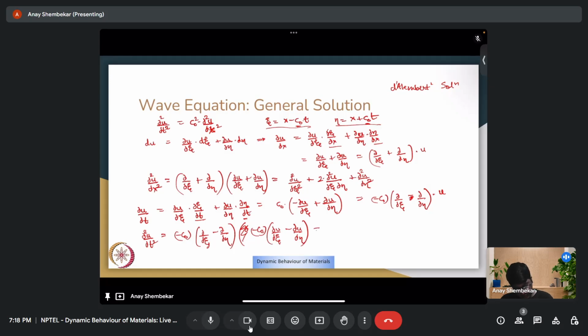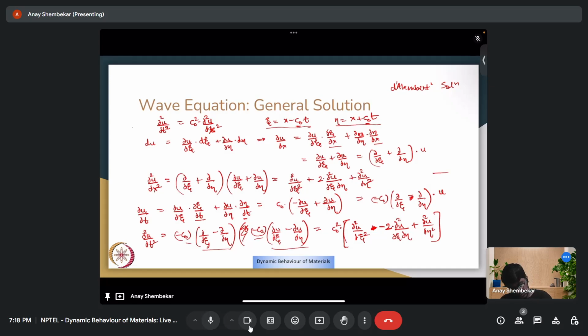which is this, minus c naught times minus c naught. If I take it out, it would be c naught square, and then taking this and differentiating the last term, we end up with dou square u by dou epsilon square minus 2 dou square u by dou epsilon dou eta plus dou square u by dou eta square.